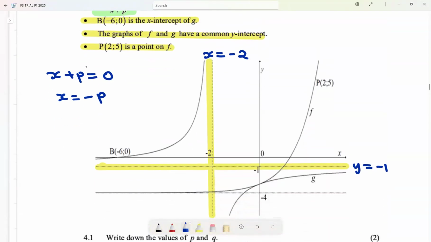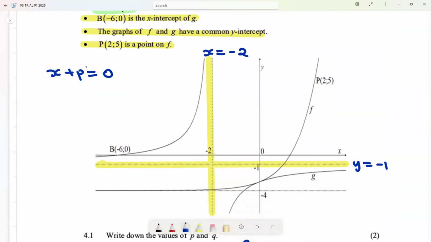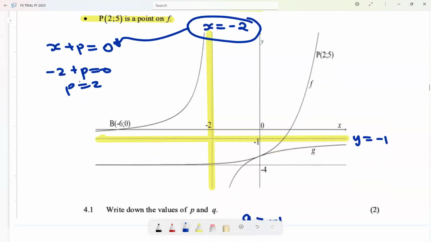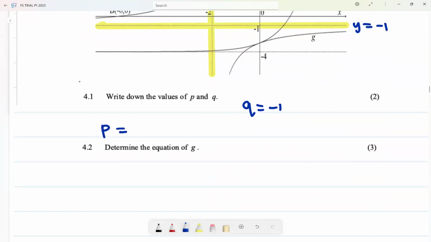Even so, I need to substitute this -2 here, and say -2 plus p is equal to 0, and then p will be equal to 2. So p is not -2, but rather p is equal to 2. And q is equal to -1.